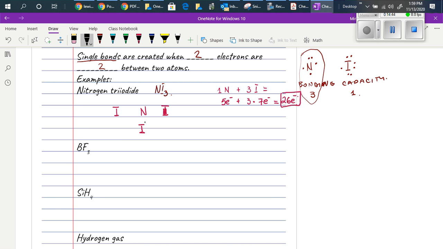However, to do so, we always start with the central atom. So we complete the central atom with 8 electrons to satisfy the octet rule, but if it is boron, then 6 electrons. So 1, 2, 3, 4, 5, 6, 7, 8 electrons in the central atom, and then we start going on to the outer atoms.